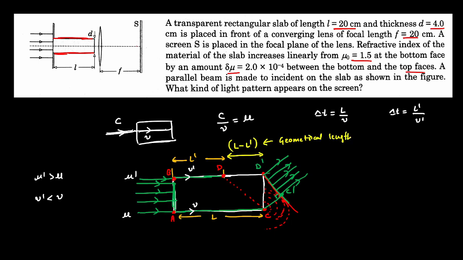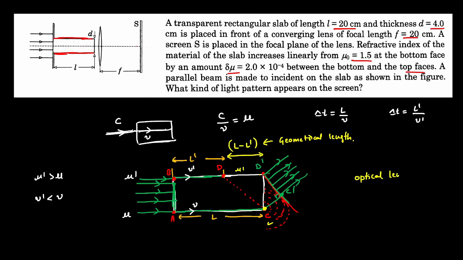And we know that when the energy is traveling from C to C dash, it is already in vacuum. But D to D dash, when it is traveling, it is in the medium whose refractive index is mu dash, correct? So since the geometric length is this, whatever length we are going to consider now is the optical length.